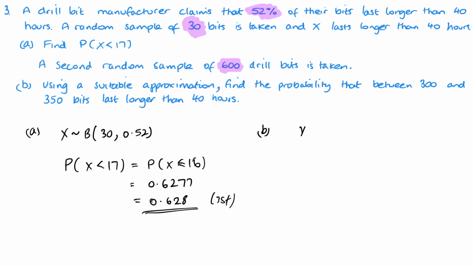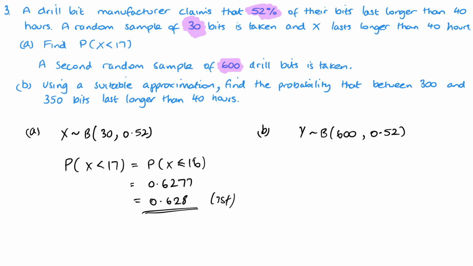So let's this time call it Y, and that Y is still binomial. Its n is 600, and we can assume that the probability is going to stay the same. And you can see here that my n is very large and my p is close to a half. So from here I can go with the normal approximation.